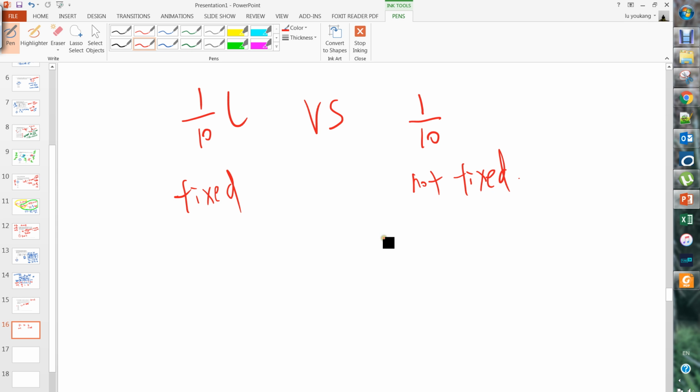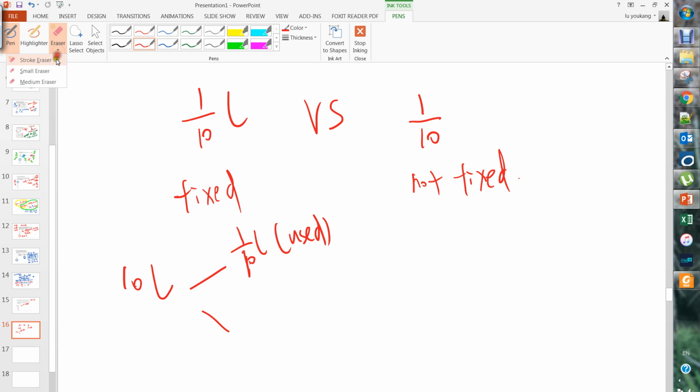Okay? So let's say I start with 10 liter. If 1/10 liter is used, how much is left? 1/10 liter means what? Decimal. 0 point what?